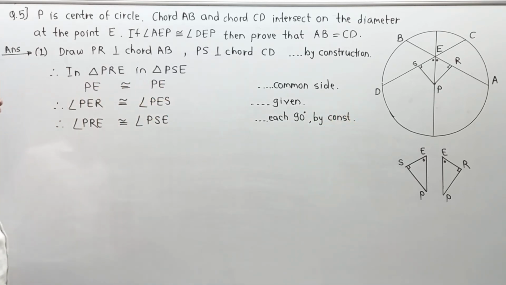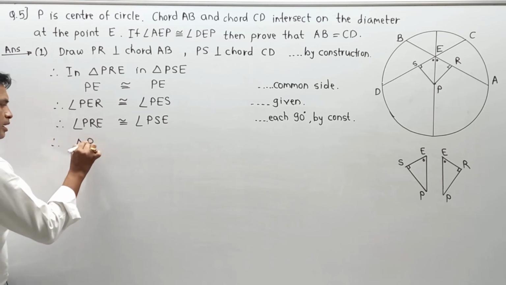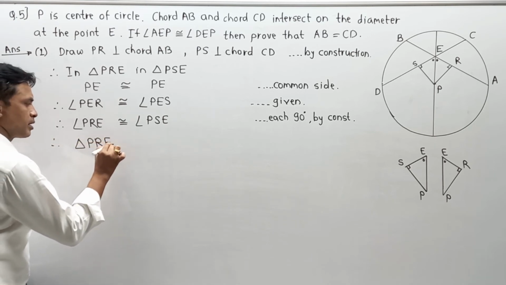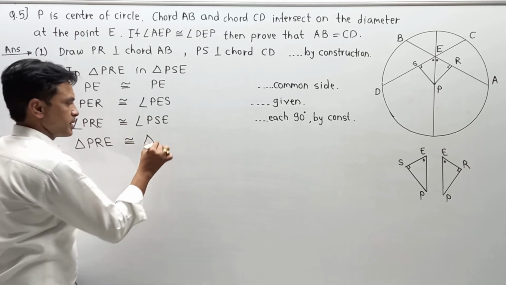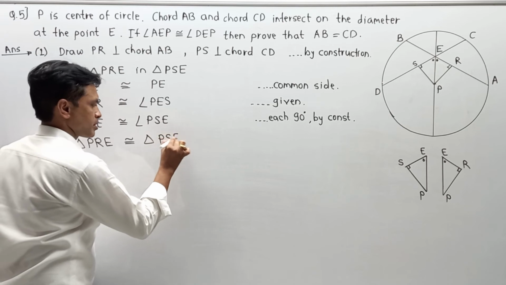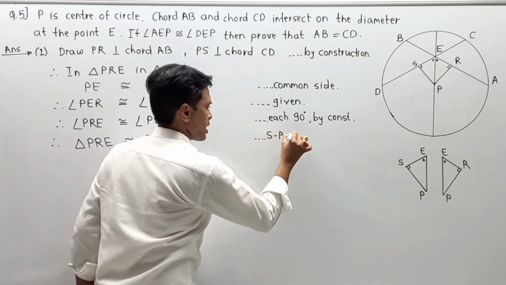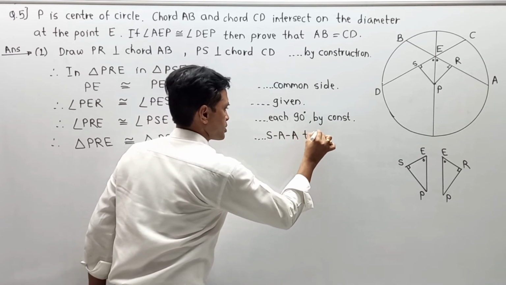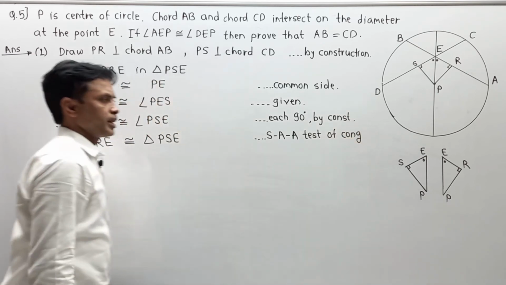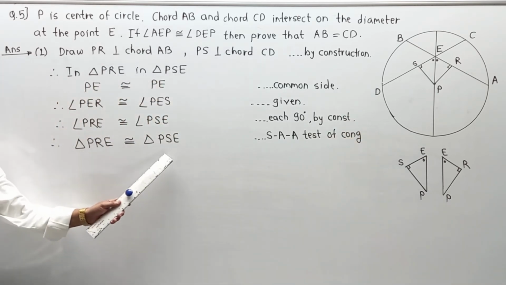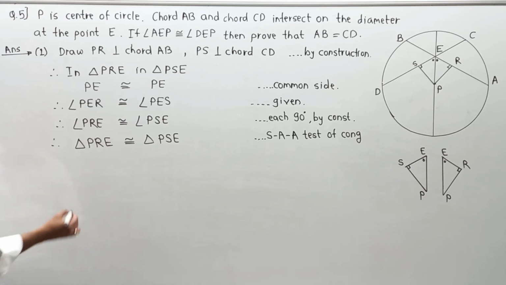Naturally we can say that triangle PRE is congruent to triangle PSE by the SAA test of congruency. Now, when any two triangles are congruent, their respective sides and respective angles must be congruent.